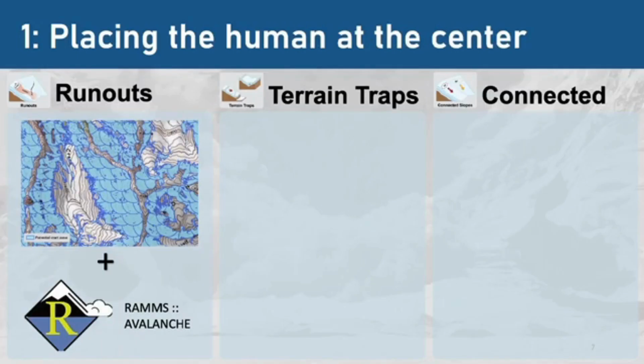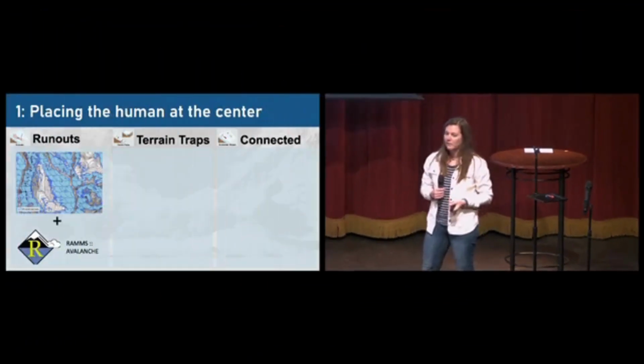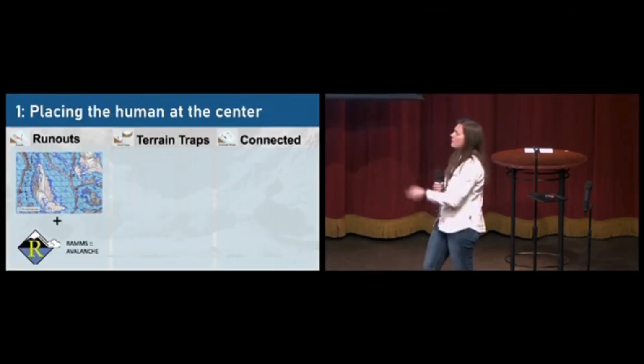And then from that grid, you can make circles, clip them to 28 degrees and higher, and you've got all these start zones. And you put all these overlapping start zones into, I used RAMMS avalanche runout model, which is generally the most validated and accepted and popular avalanche runout model right now. And then you get a runout for every single one of those start zones.